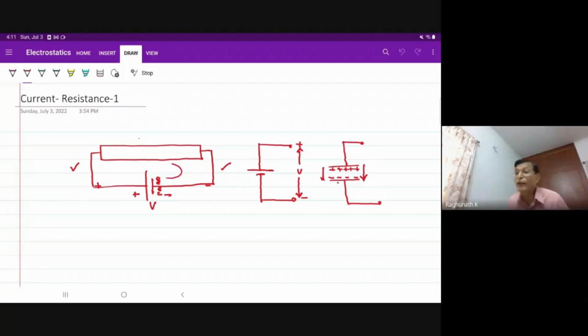And in an electrolyte, positive charge can move because there are ions, positive and negative ions in a liquid. But here, these electrons automatically will go through the path provided by the conductor and reach the positive plate.